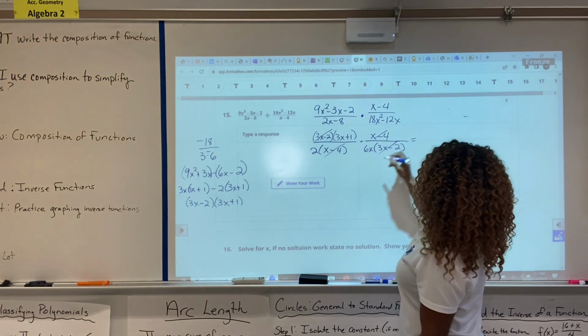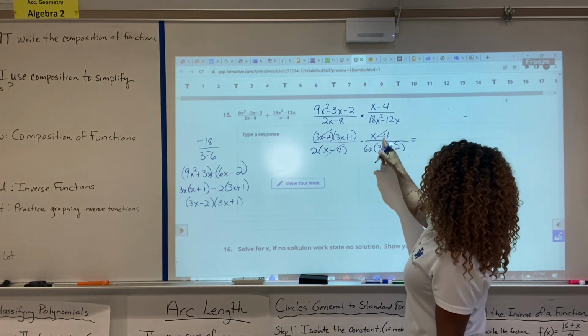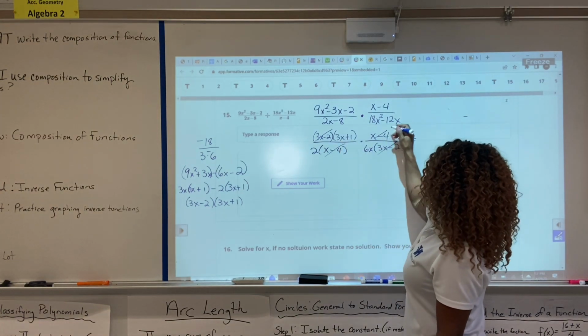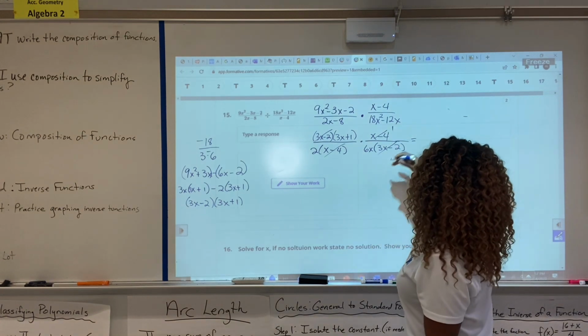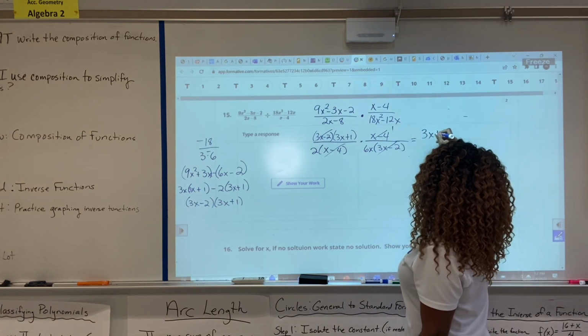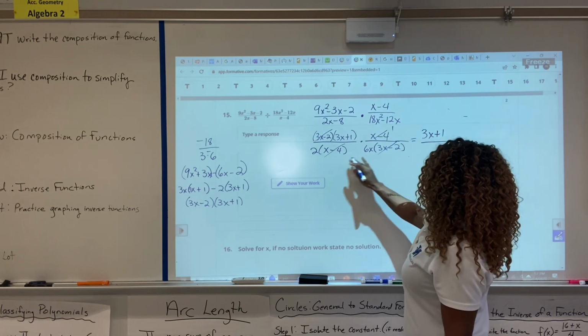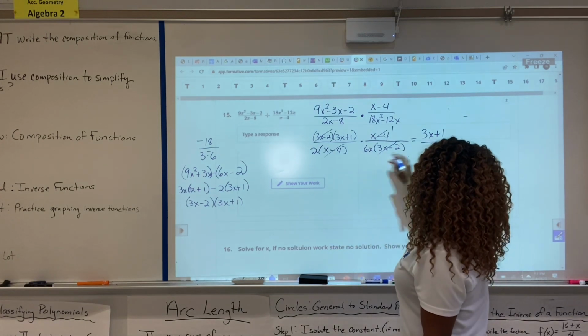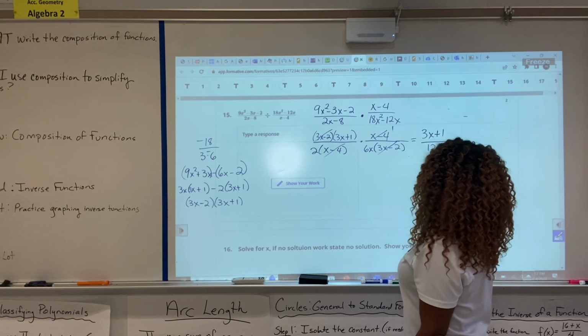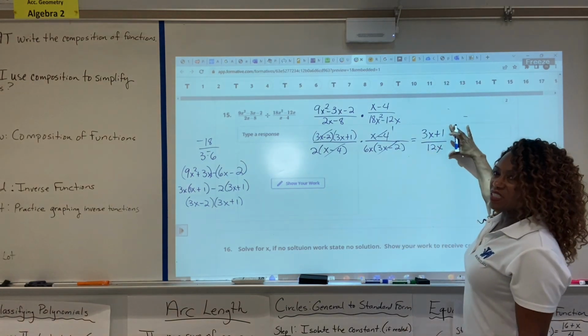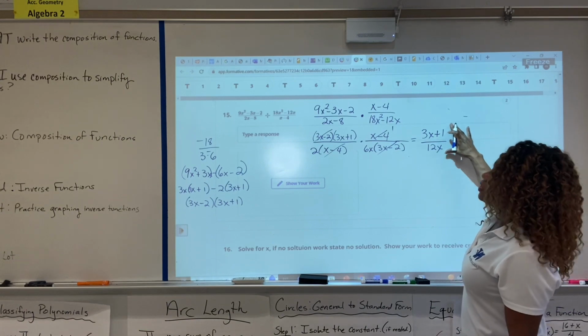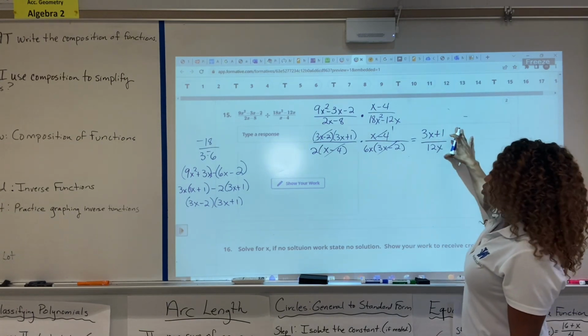So that gives us 3x plus 1 times, well, times 1, because there's only 1 up there, since we were able to simplify it. So we got 3x plus 1. And the bottom is 2 times 6x, which is 12x. Okay? So we can leave this as our final answer for now. We could break it apart some more, but we're going to go ahead and leave it.